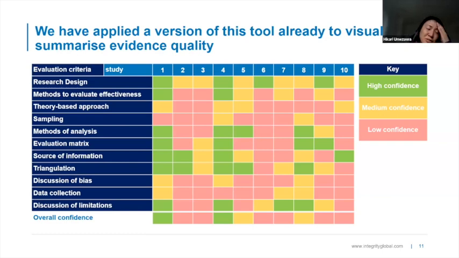What we observed is that for this set of studies, we rated low confidence for sampling and especially discussion of bias. The reason is that this set of studies were on the lobby and advocacy program supported by the Dutch government, which is a really large scale program.